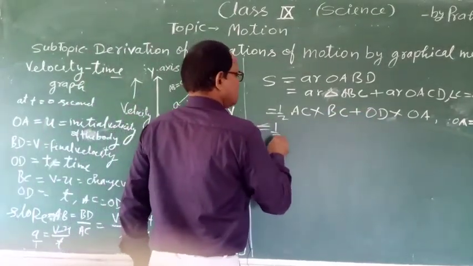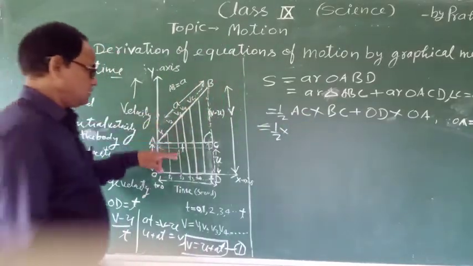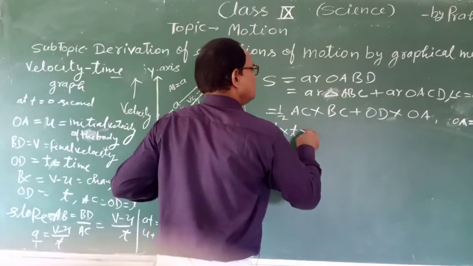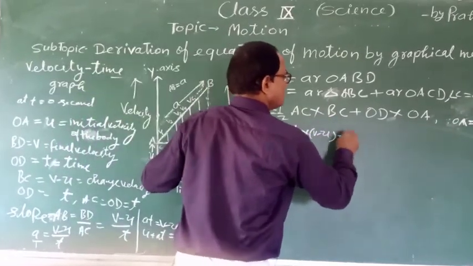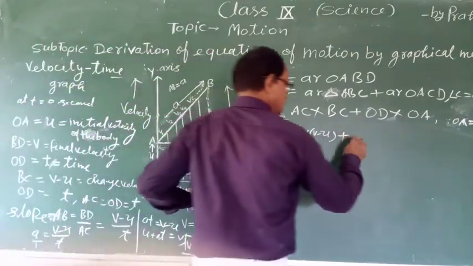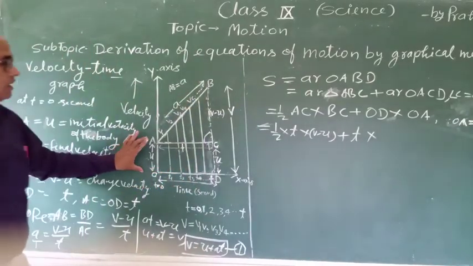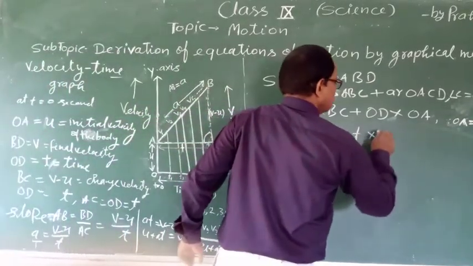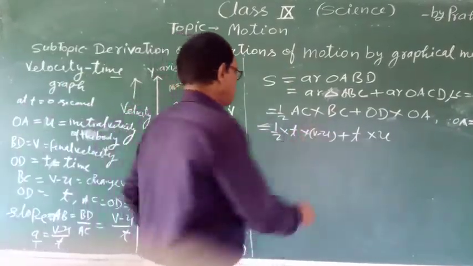Here 1 by 2, AC means t and BC means v minus u, plus OD into OA, OD is t and OA means u, multiply u. So okay student, this is a very important portion.